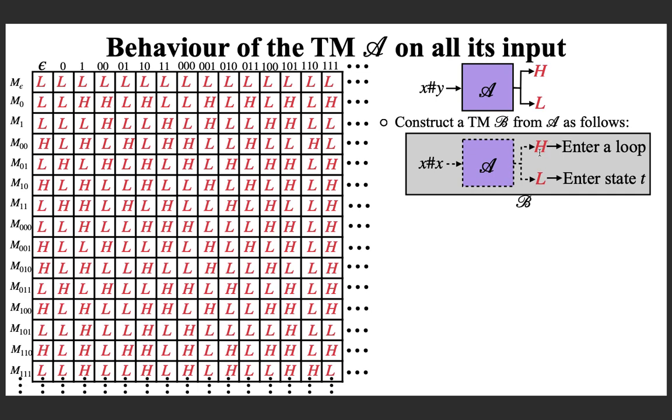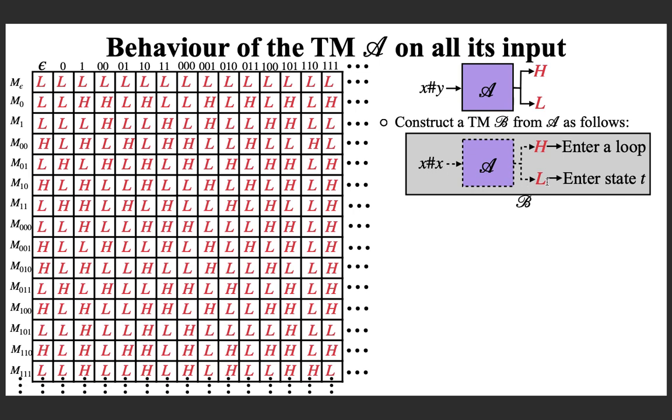And what is H saying? Mx halts on x. Then this Turing machine B is going to loop. That is, if A says H, what I will do in B is enter a looping state. You can manage it with two states. You just loop there. And if the Turing machine A says L, that means Mx loops on x.